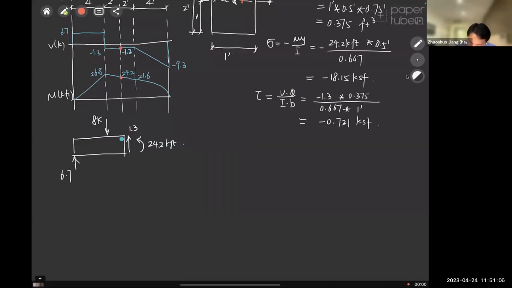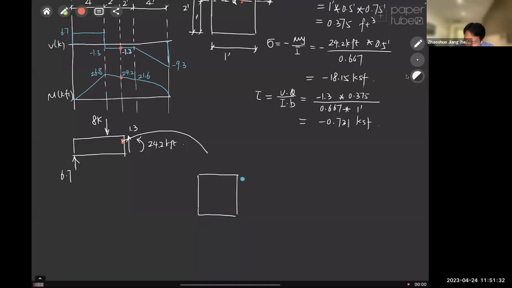Now, this point of interest is this small cube, which is 0.5 feet from the top. This is our point of interest. If we take this small cube out, we just found our shear stress as negative 0.731 KSF.